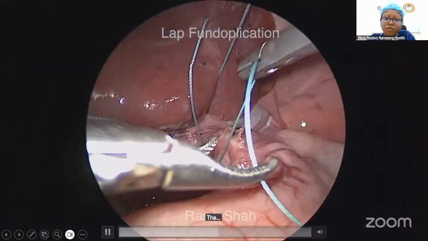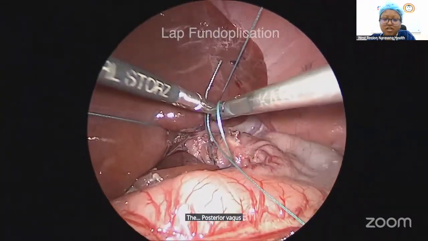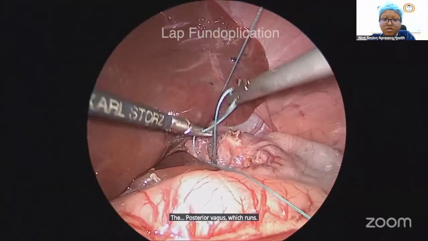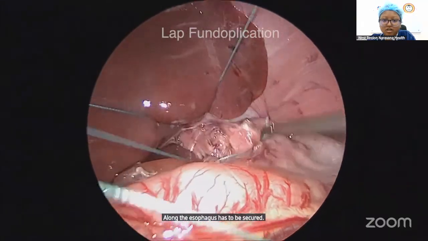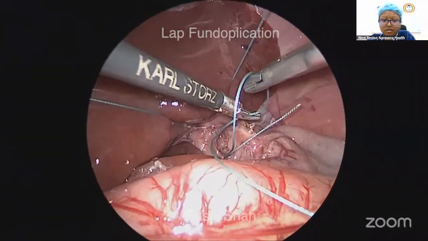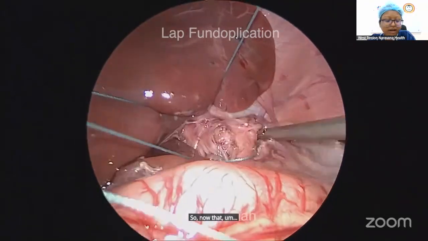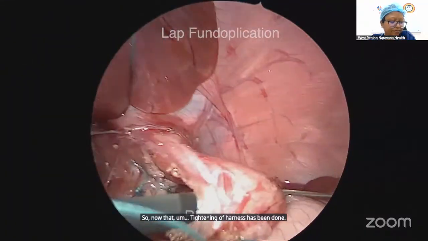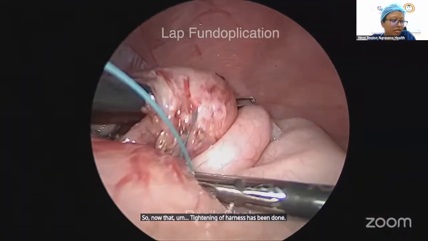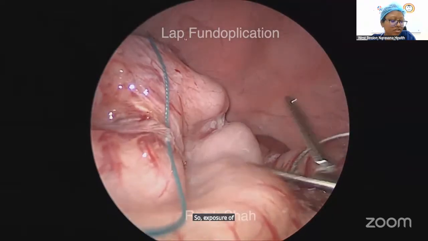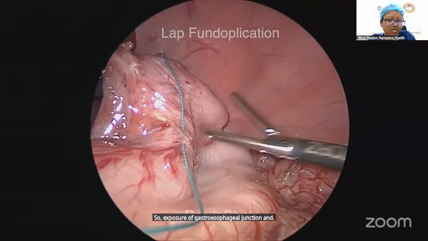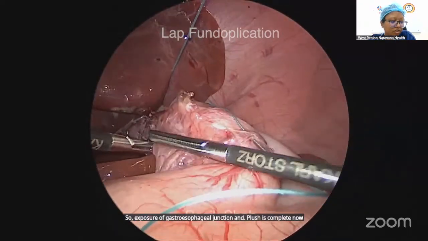The posterior vagus, which runs along the esophagus, has to be secured. So now the tightening of hiatus has been done. So exposure of gastroesophageal junction and flush is complete now.